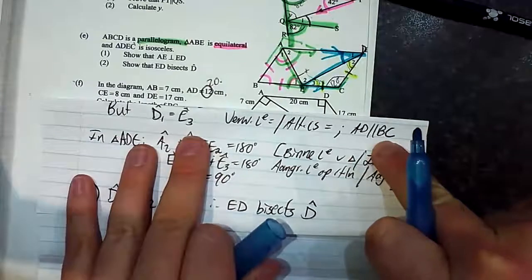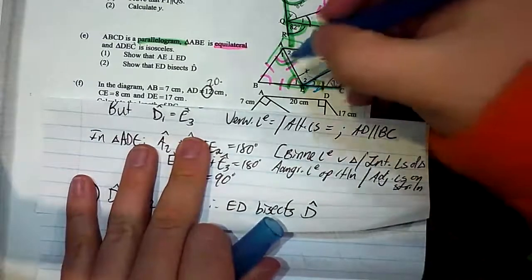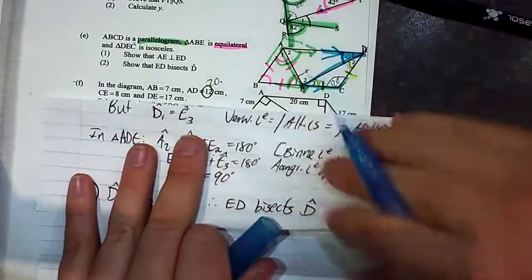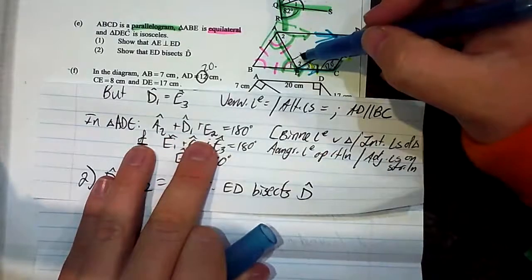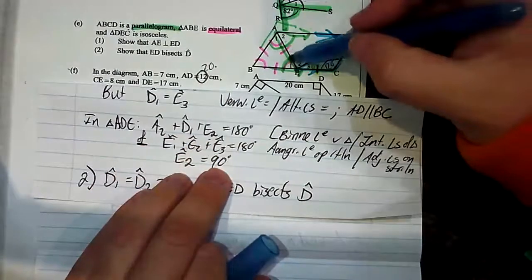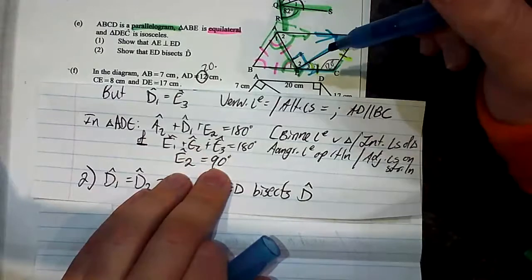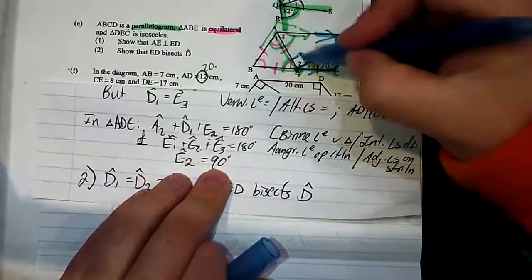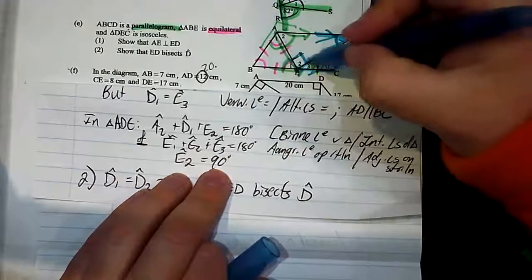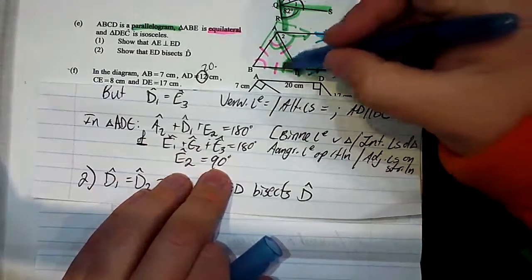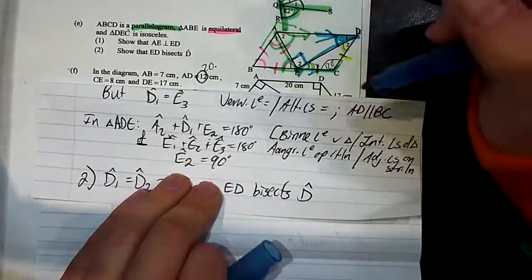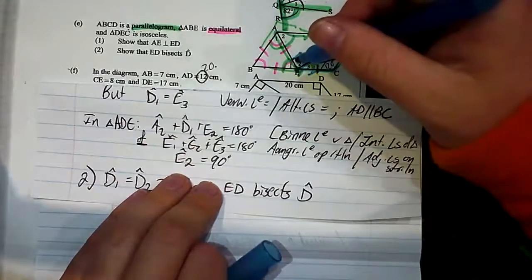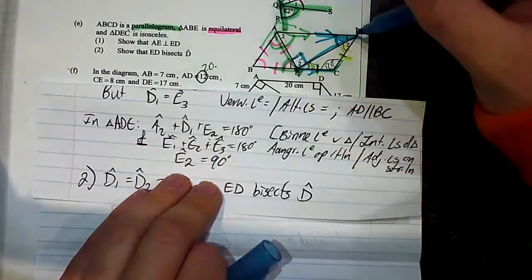So if this is 30 degrees, and earlier we determined that this is 60 degrees, interior angles of a triangle, we can now go and say A2 plus D1 plus E2 is 180 degrees. And then we get for E2 as 90 degrees. Could have done that, or you could have said adjacent angles on a straight line, because we already have E1 and E3. Je kon aangrensende hoeke op 'n regte lyn ook gebruik het. Maar ons wil bewys dat E2 90 grade is, sodat AE loodreg is op ED.